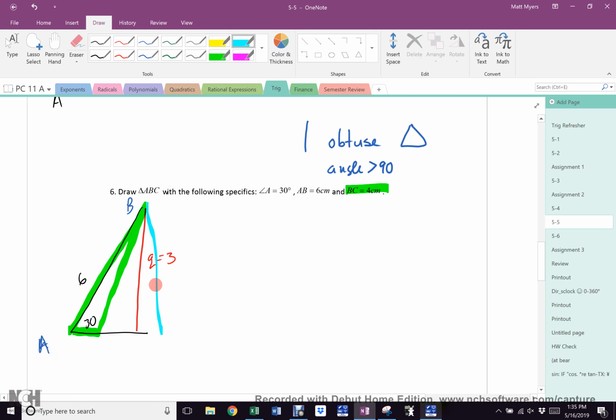Can't I? So, if Q is less than my third side, and my third side is less than my given side, then I can make 2 triangles.